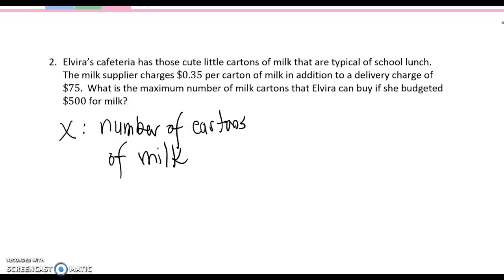Again, we're going to define our variable x, because we are looking for the number of cartons of milk. Here we are looking for the maximum number of cartons of milk, and that's going to be our variable x. In the word problem, they are charging 35 cents per carton of milk. Again, there's that word "per," meaning we're going to multiply with that 35 cents.